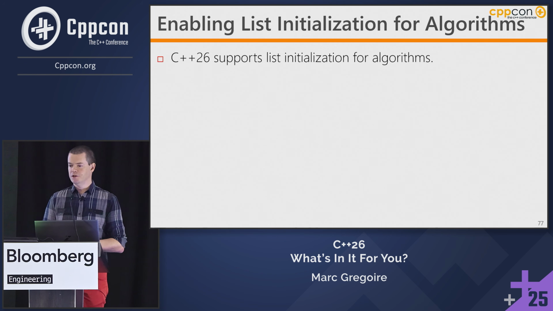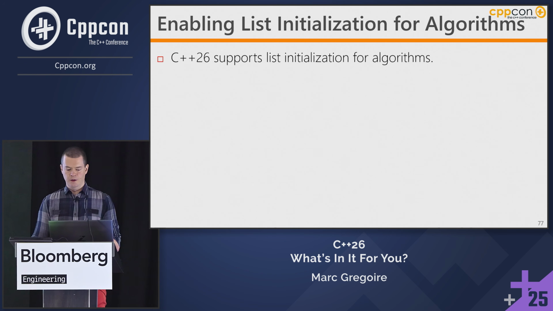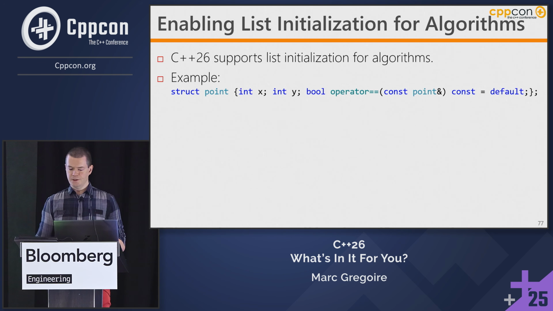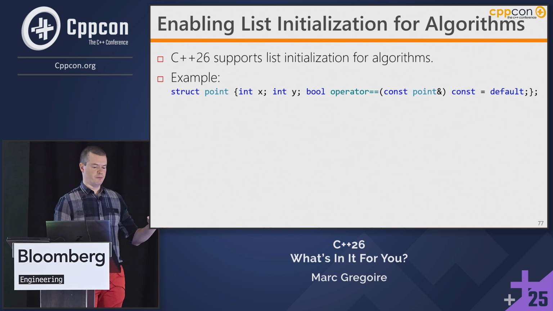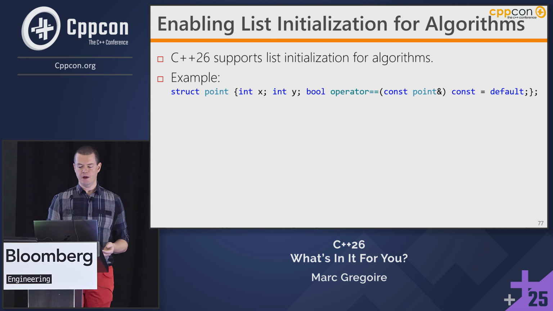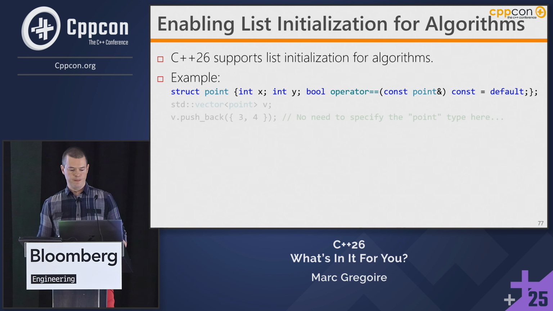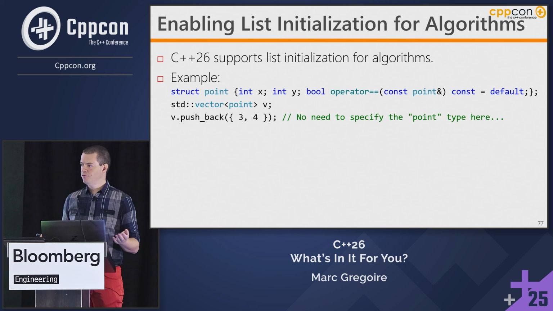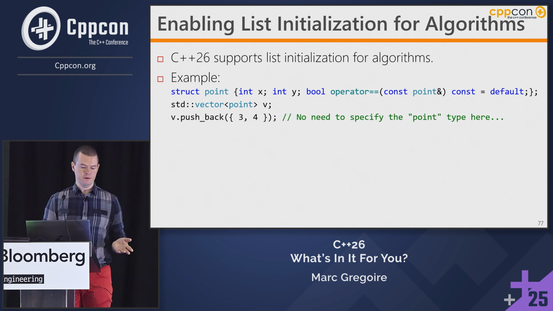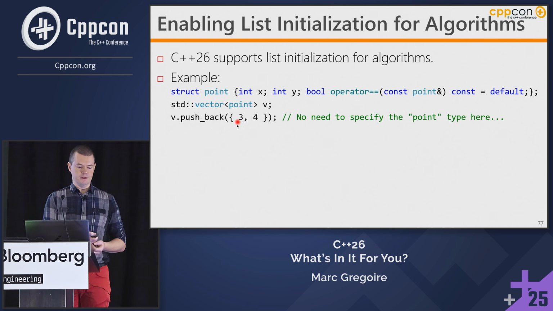List initialization for algorithms. Let's immediately look at an example. We have a simple point struct here with 2 fields, x and y, and we have a defaulted operator equal equal. We define a vector of points. If you want to put a point in our vector, you can just write it like this.